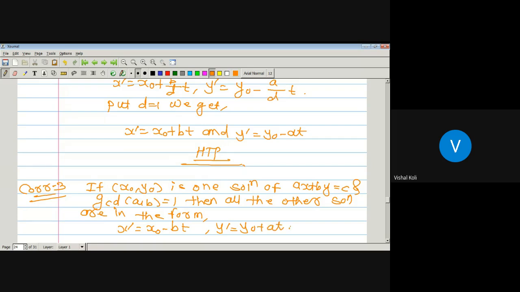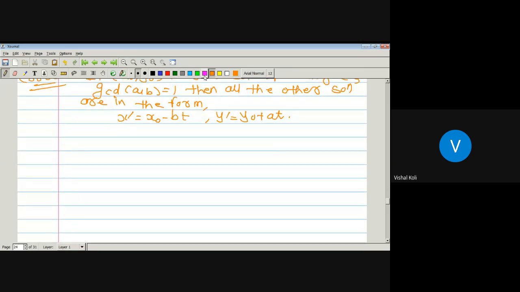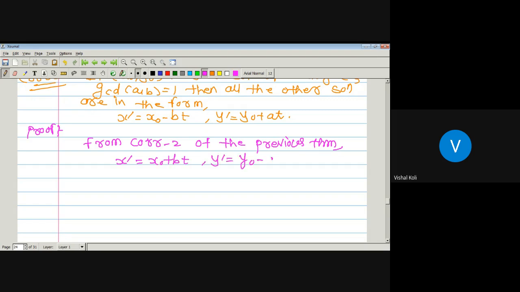Okay, so we have to use corollary number 2 of the previous theorem for this result. What should corollary number 2 be? x dash is equal to x naught plus bt and y dash is y naught minus at.